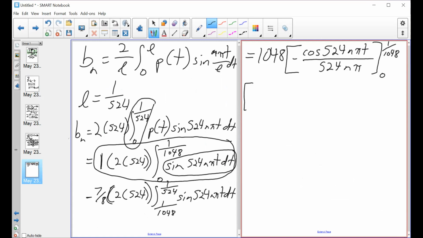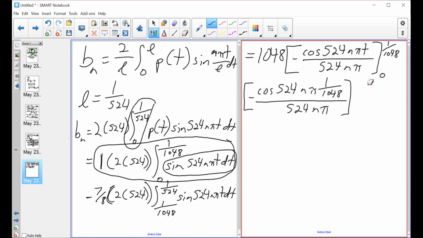All right, so negative cosine 524 n pi, and not just t, we're going to substitute 1 over 1048 divided by 524 n pi. So there's our first box. And so like we did in kinematics, we're going to subtract the final. This is the upper, the final. You can say this is TI and this is TF, right? Like we did for delta X, final minus initial.